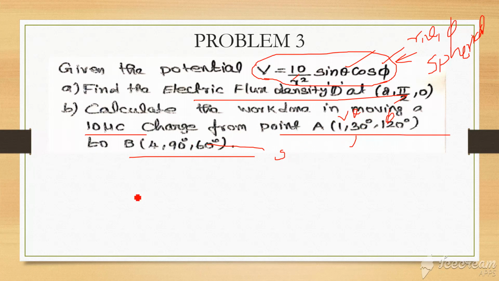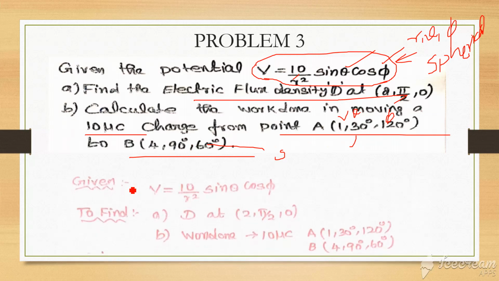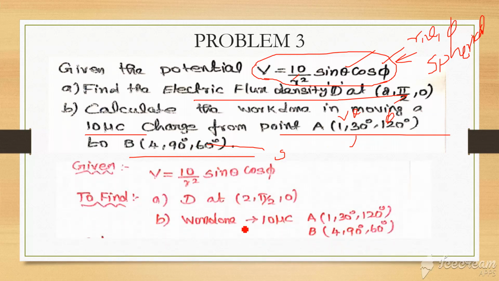So this is the question: given V, find D at the given point, and in the second subdivision, the work done for moving a 10 microcoulomb charge from point A to B. Now for the first subdivision, D is equal to epsilon naught E.